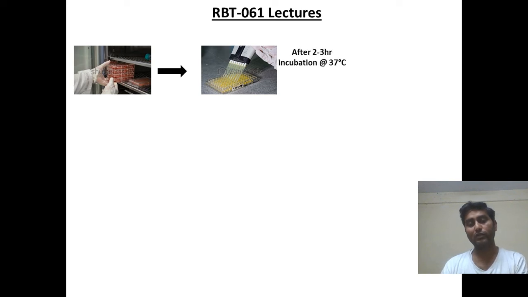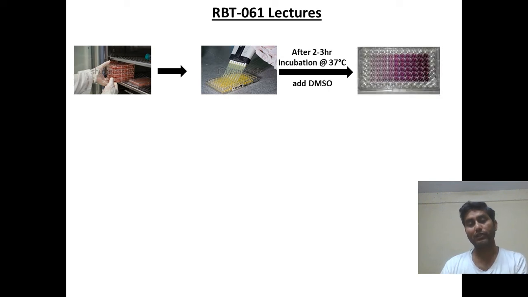After 2 to 3 hour incubation at 37 degrees centigrade, we'll go for adding DMSO. Before adding DMSO, again we have to remove this MTT-added media and then add the DMSO. Immediately after adding DMSO, you can see the change in color, which will be a purple color complex, as I told you in the previous slide.